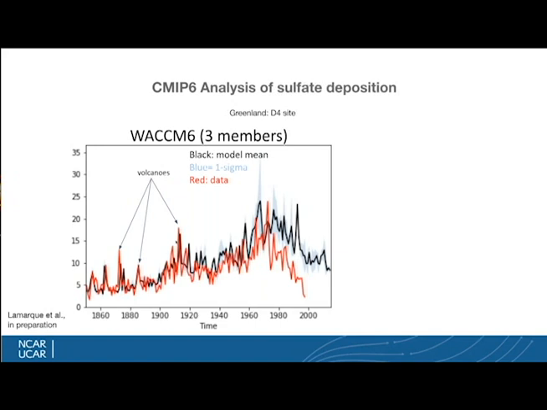We're actually finding both some of the high variability and the long-term trend from the observations being very well captured by the model. Interestingly, in the late 20th century, beginning of the 20th century, we don't seem to do so well.